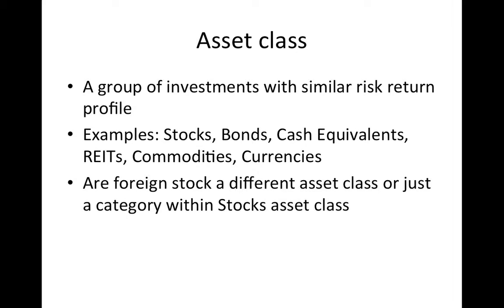So we'll talk about whether we should have gold in our long-term portfolio. And then there's another asset class known as currencies. That's highly volatile, and I wouldn't recommend that an ordinary investor try to put money in currencies. But in any case, these are the asset classes.